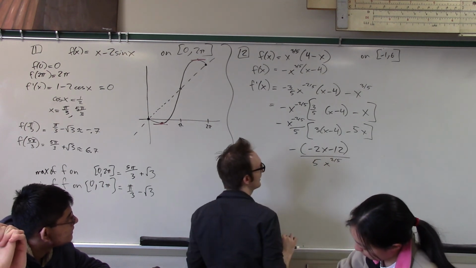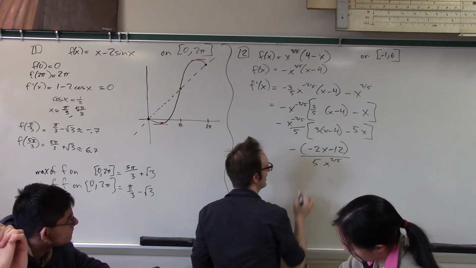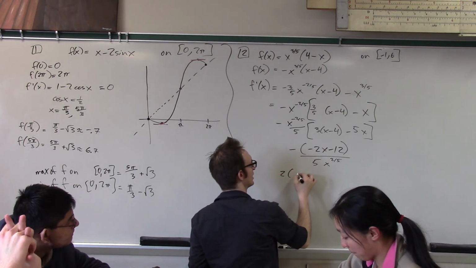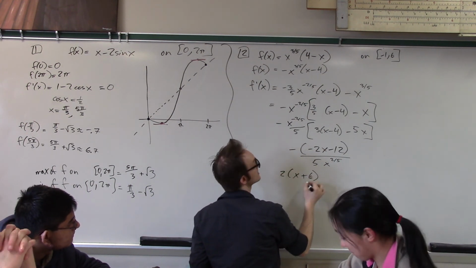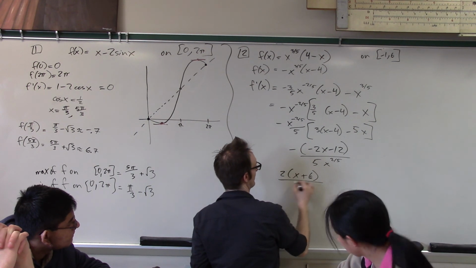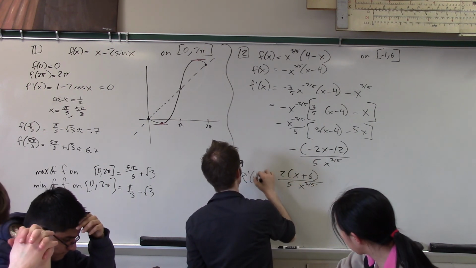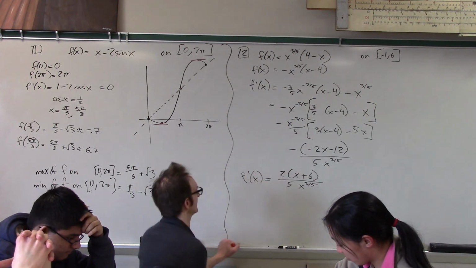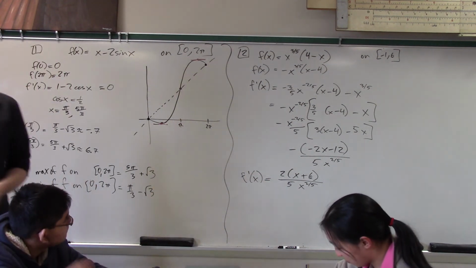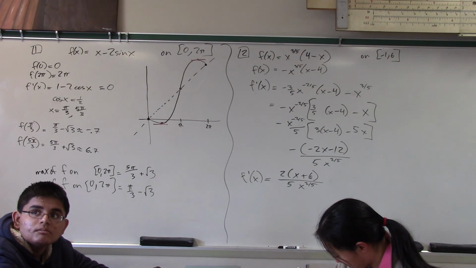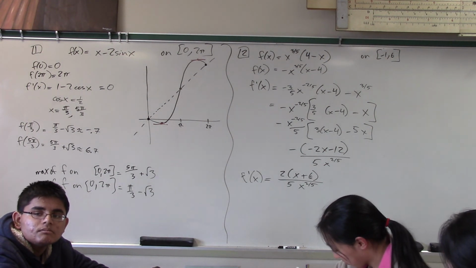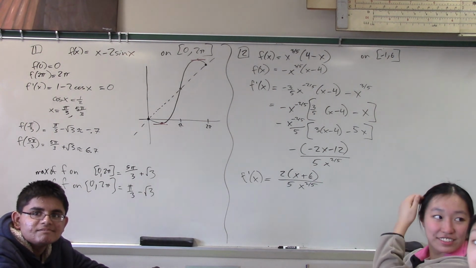So really what we have is 2x plus 12, or otherwise known as 2x plus 6, all over 5x to the 2/5. Someone back me up there? Good. I guess I'll go with just Griffin backing me up. I didn't do the problem. I know. That's kind of why I wanted someone else to judge me.